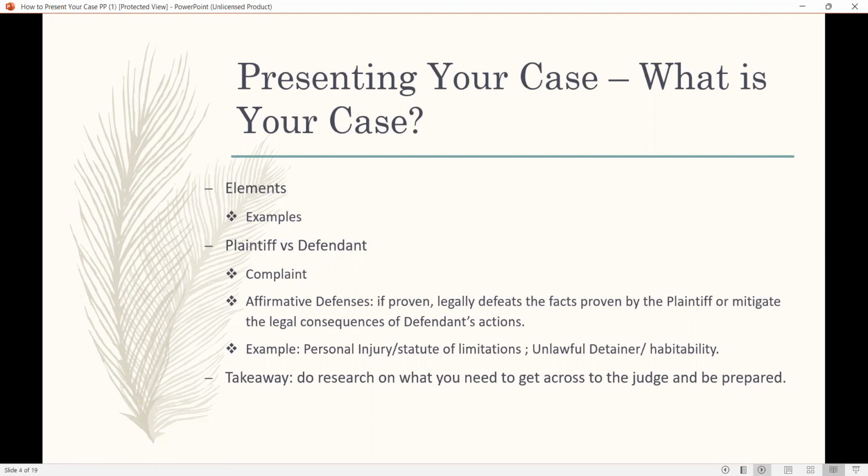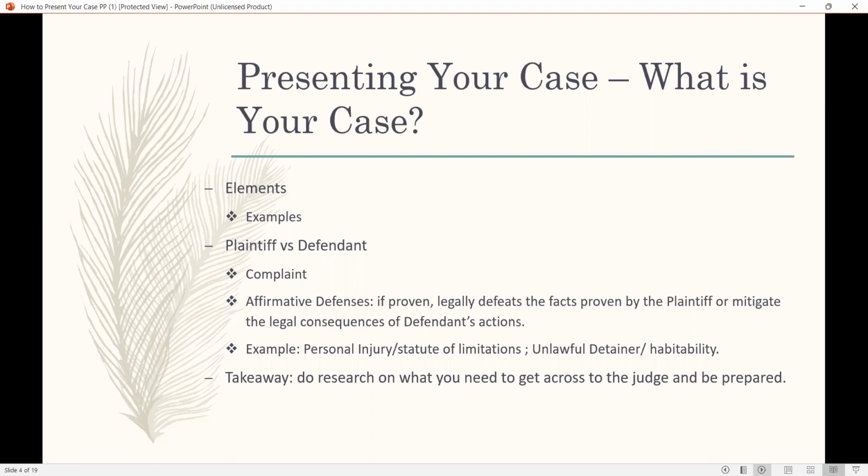A common example in unlawful detainers or evictions is where you have a non-payment of rent case or a cause of action for non-payment of rent. It might be true that the tenant, for whatever reason, wasn't able to pay rent and is still occupying the property, and the plaintiff may very well have proven their case.